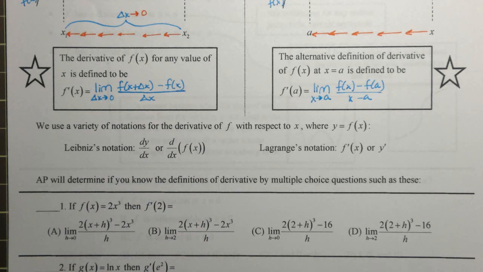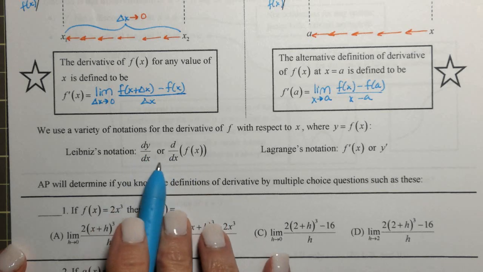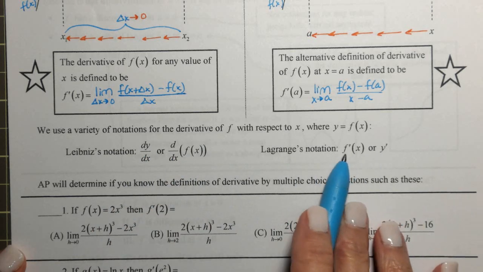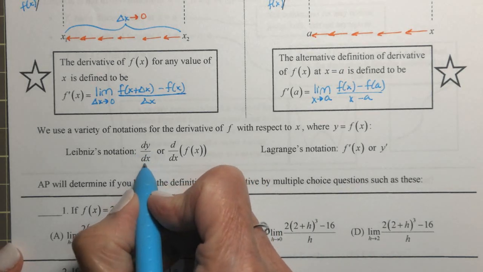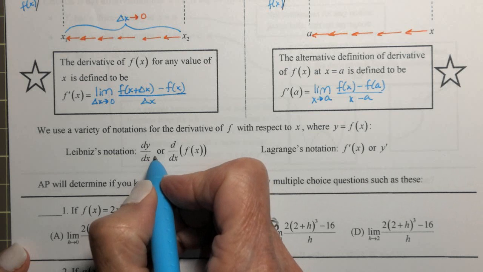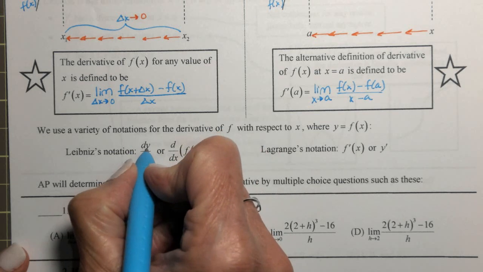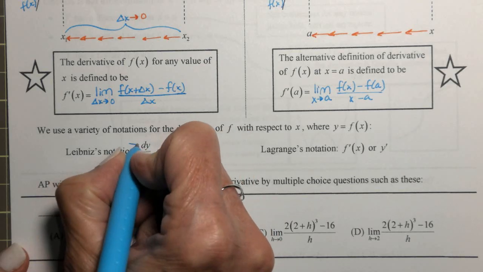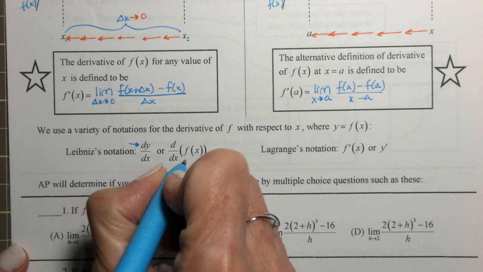All right. Notation for derivative. This is Leibniz's notation. This is Lagrange's notation. This dy over dx is very useful for some things that we're going to be doing. When you see dy, I need you to think just a little bitty piece of y.